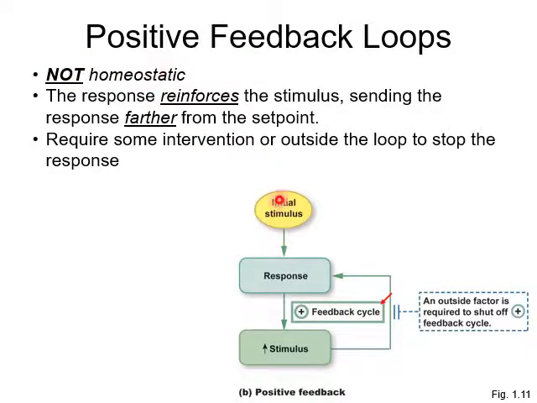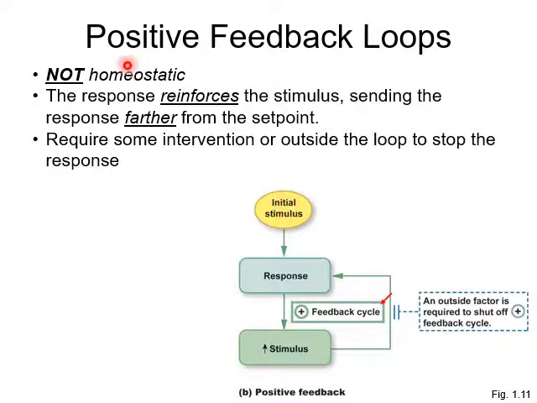Take blood pressure: we had a response that brought down blood pressure, and that would bring the stimulus down, so we negatively feed back. Here, the initial stimulus causes a response that actually increases the response, keeps feeding back. It's like reverberating. So we're amplifying this initial stimulus.